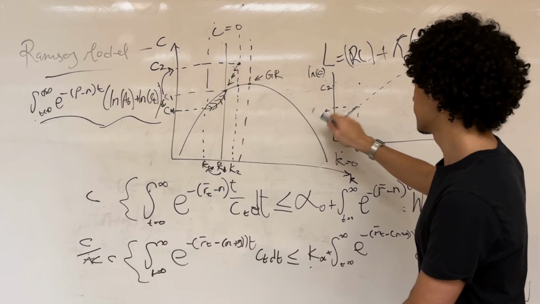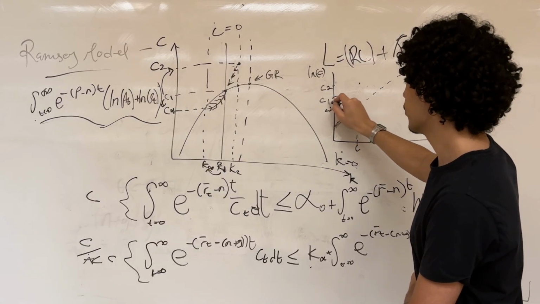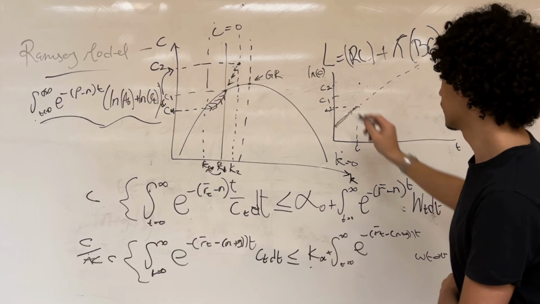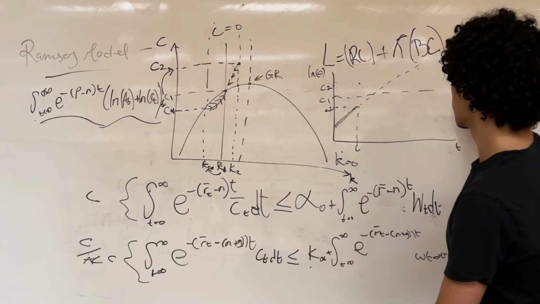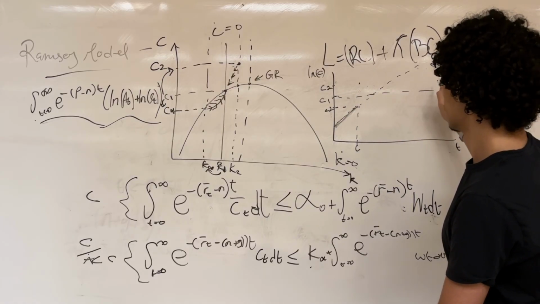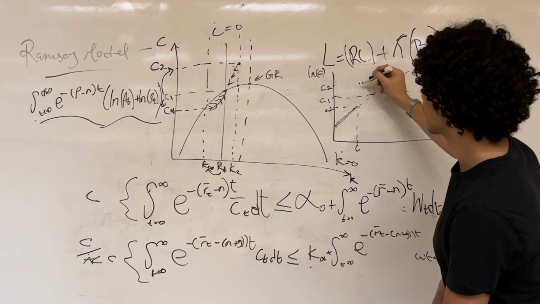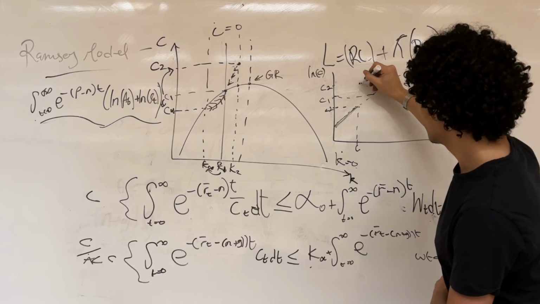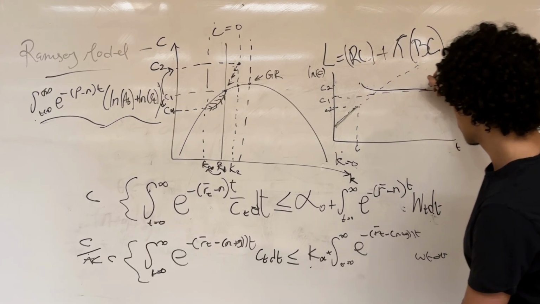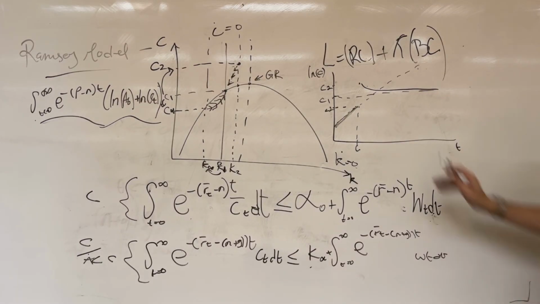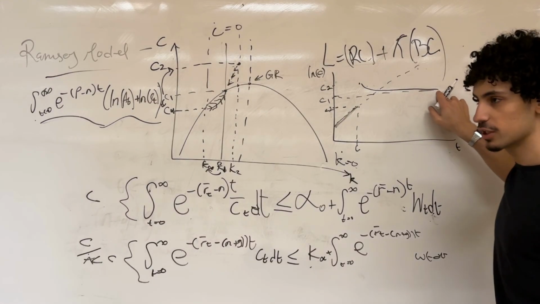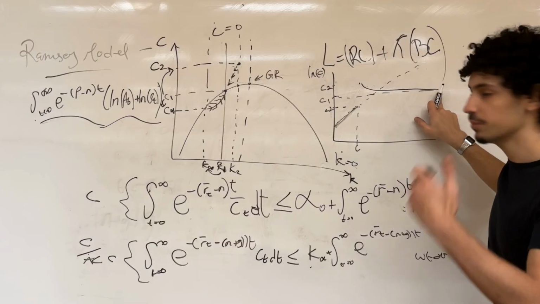So this is C2, C1 is here, like this. And then the line of consumption goes like this, where this would be the saddle path, approaching the past equilibrium.